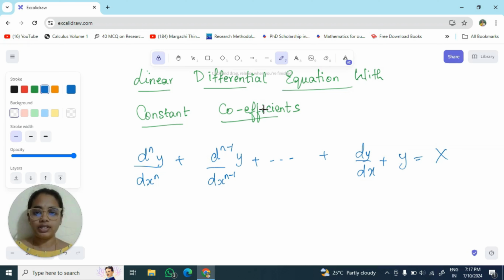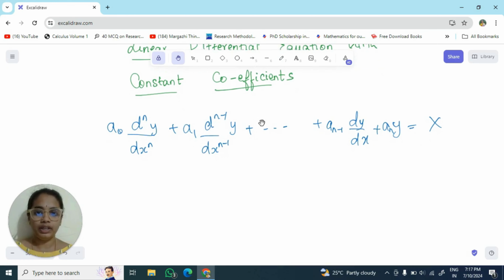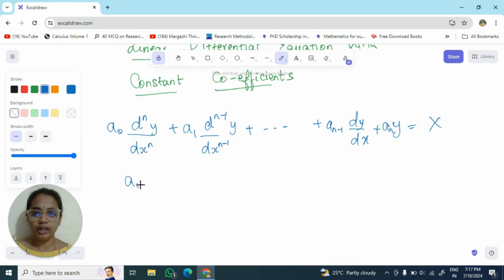And what else does the heading say? It says linear differential equation with constant coefficients. So let me write down constants: a naught, a1, up to an minus 1, an, is equal to X. Clearly a naught will not be equal to 0, and a1, a2, so on up to an are all constants.